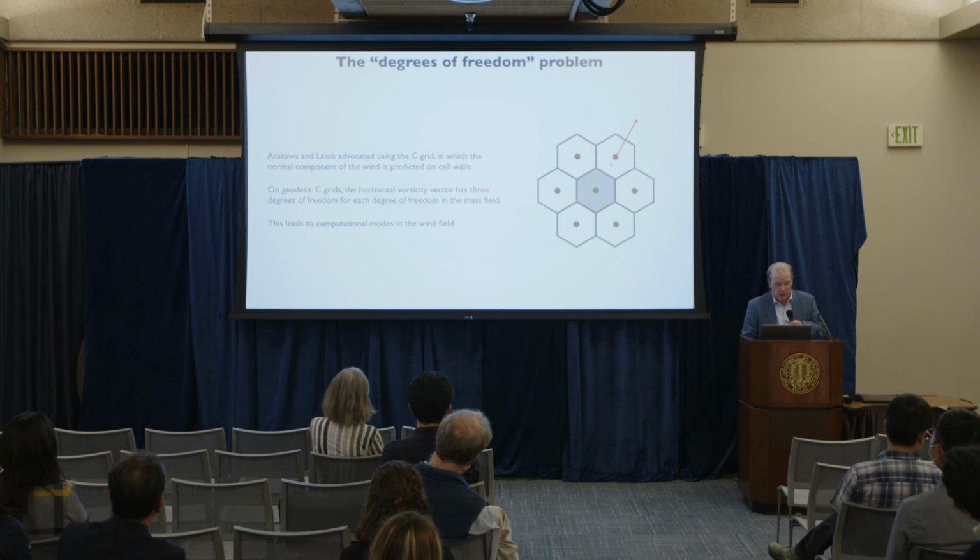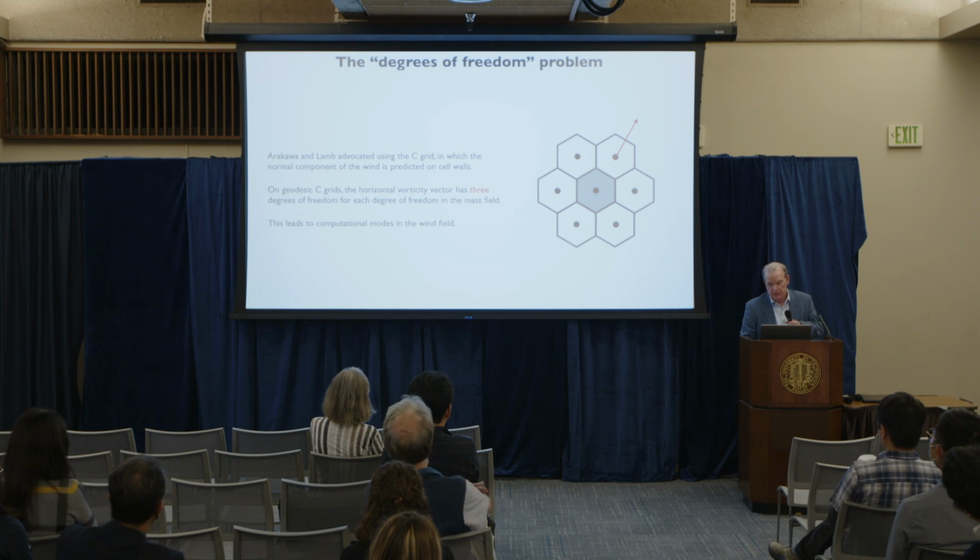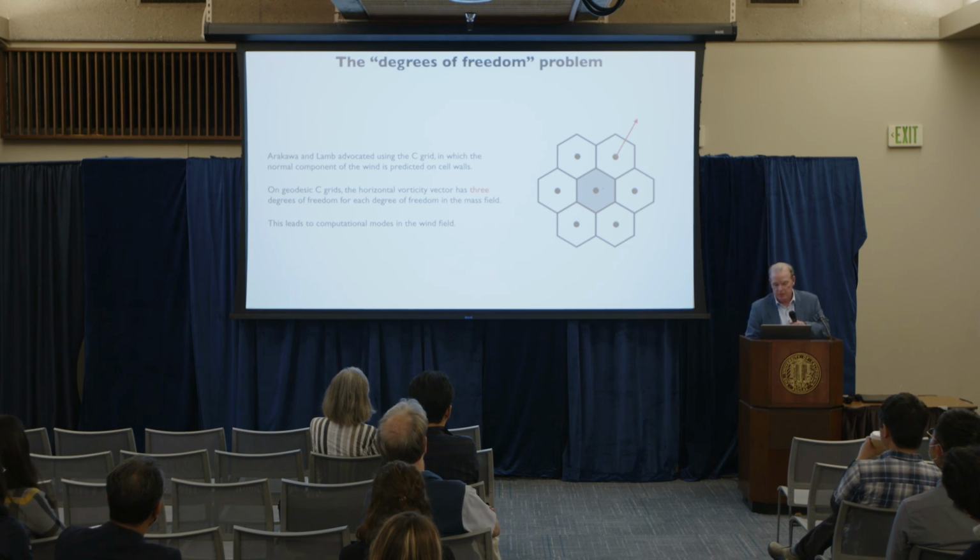So if you look at this, let's look at the central dark gray cell. That's where the mass lives. It's got 6 walls. So there would be 6 velocity components on the wall, 6 outward normal components. But each one of them is shared between 2 cells, right?